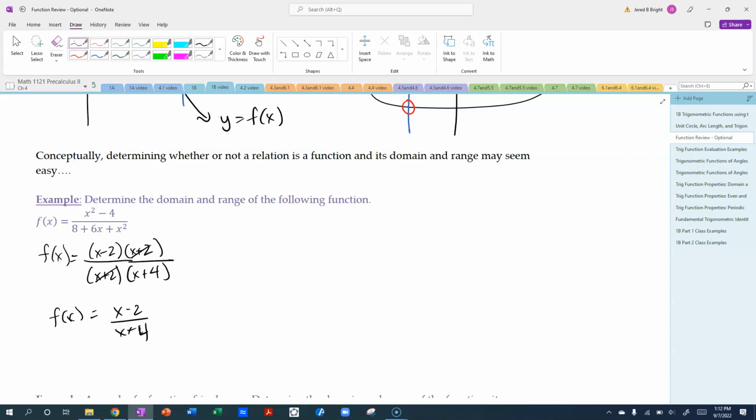So, yep, you did some factoring, you had fun, and you get this. Then when it comes to talking about domain and range, we'll talk about domain and we'll talk about range. I'm going to use the symbol D of f for domain, and I'm going to say it's all real numbers, so this is an abbreviation for all real numbers.